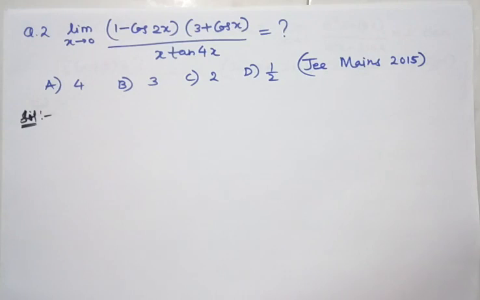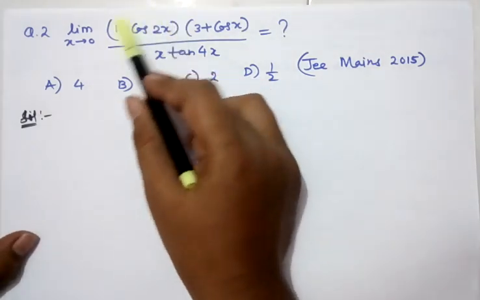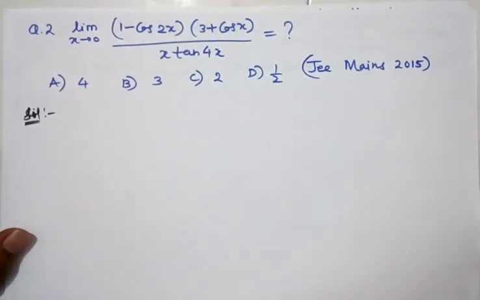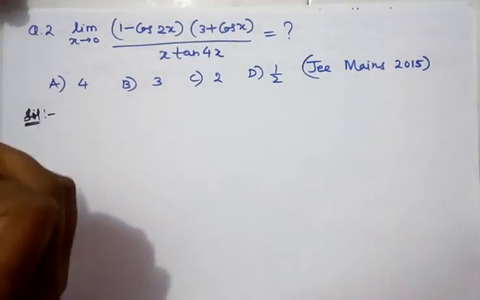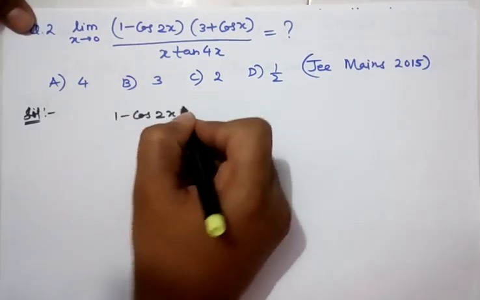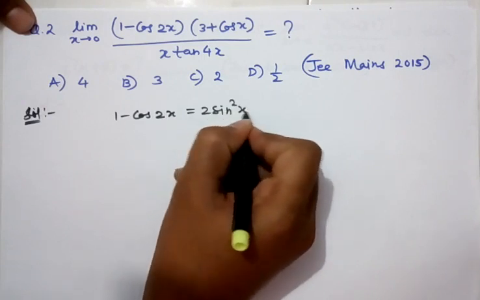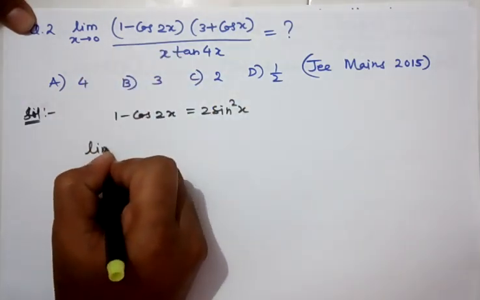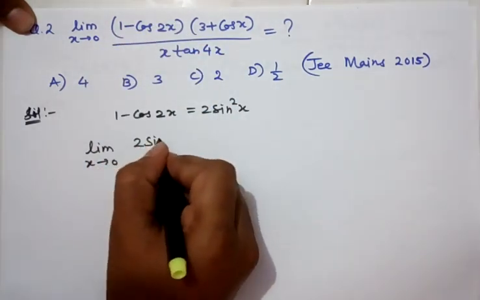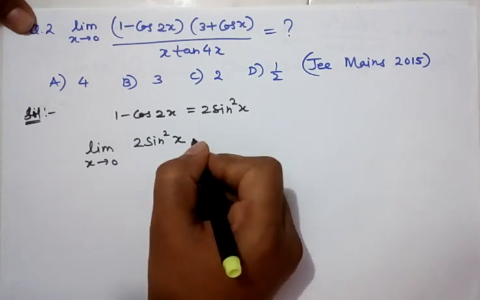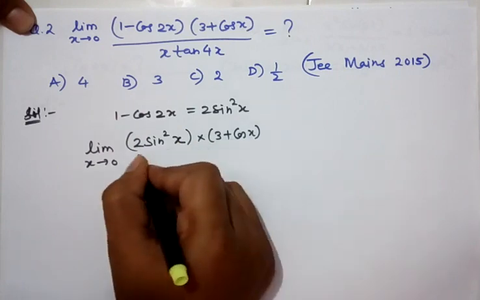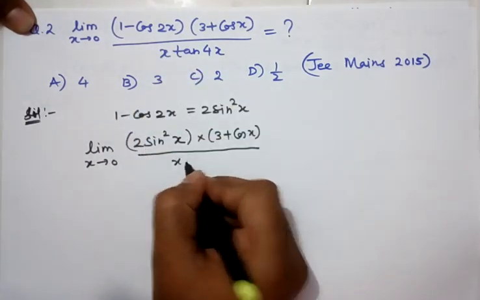Limit x tends to 0 and the expression is given. We can see that here it is product type, the denominator also product type, so I can use my approximation. Now here first we'll use the standard trigonometric formula, that is 1 minus cos 2x is equals to 2 sine square x. Substitute here, limit x tends to 0, instead of this, 2 sine square x into 3 plus cos x divided by x times tan 4x.